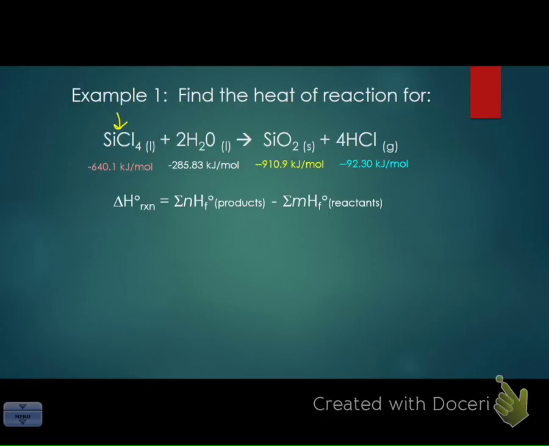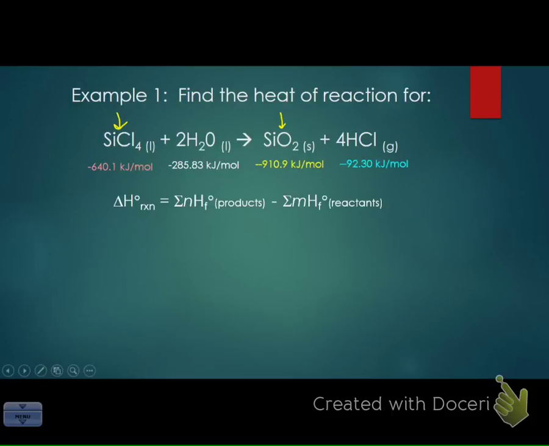In other words, negative values of these formations tell me that that substance is favored to be made. It's easy to make. And the more negative this value becomes, the easier it is to make that compound. If you do a quick comparison over here to silicon dioxide, this is more negative. So it's easier to make silicon dioxide than it is to make silicon tetrachloride from their respective constituent elements.